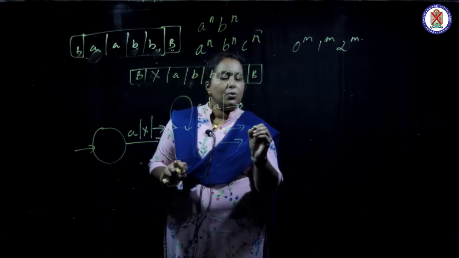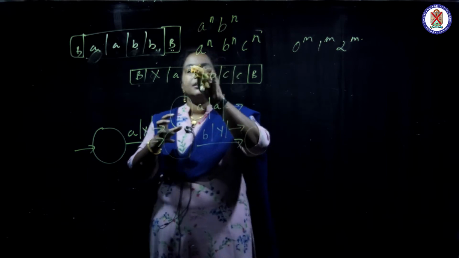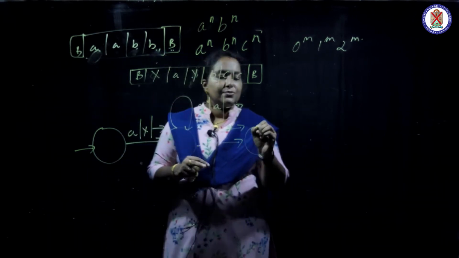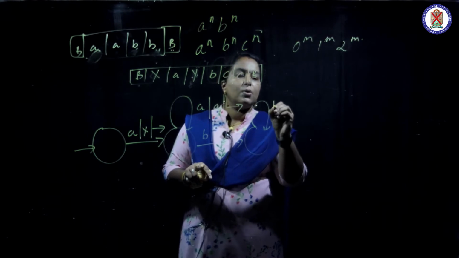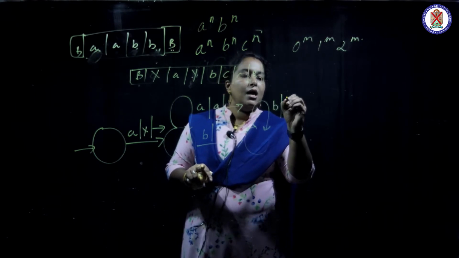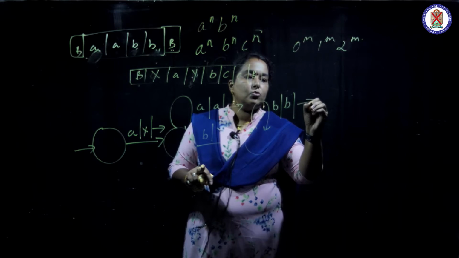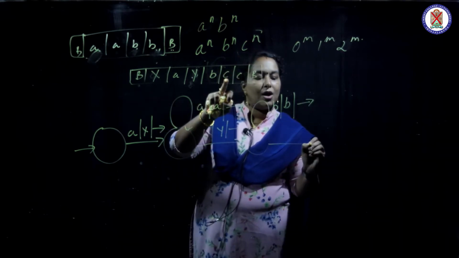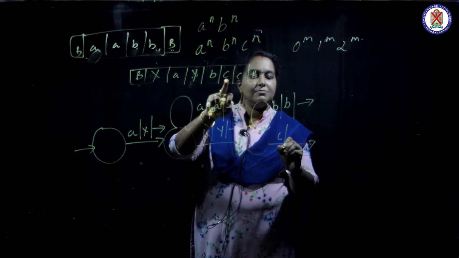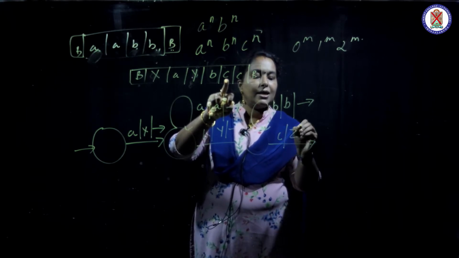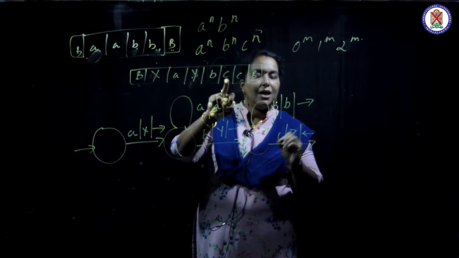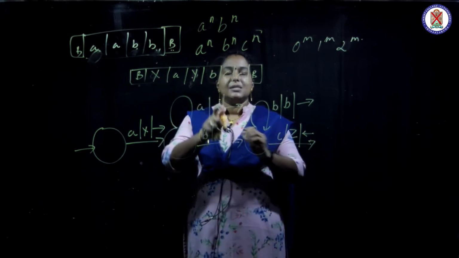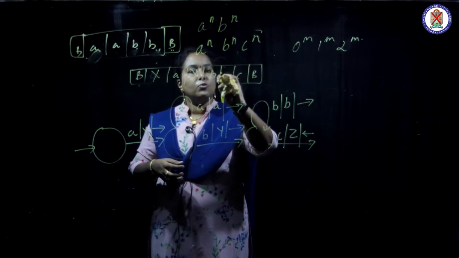Next, when I see b, I have to bypass it, so I keep it as b and move forward. Next I have to take care of c. When c comes, I make it z and I move backward.